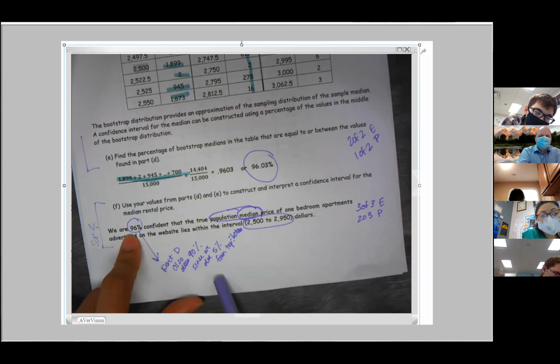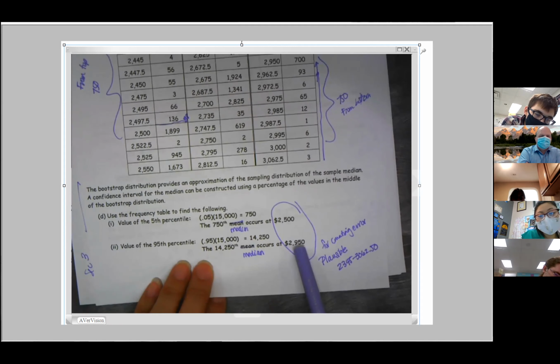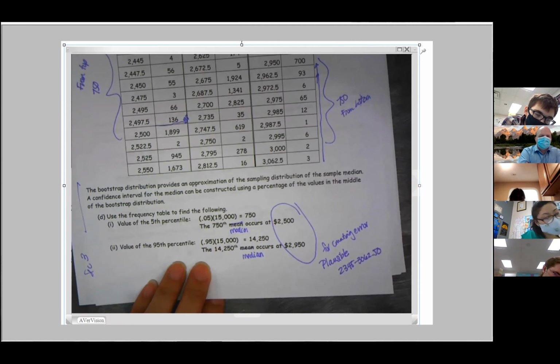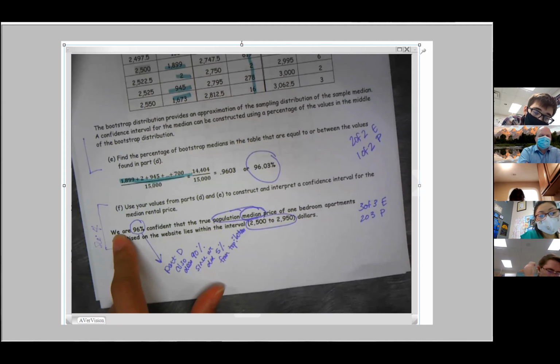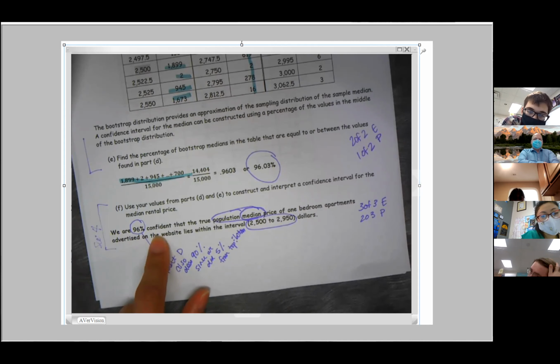But they also accepted something that is at least a 90% confidence interval. From part D, because we took the top 5% or the bottom 5%, that would create at least a 90% confidence interval. So they accepted your sentence stem. If you started off as we are at least 90% confident, they would have accepted that as completely right.